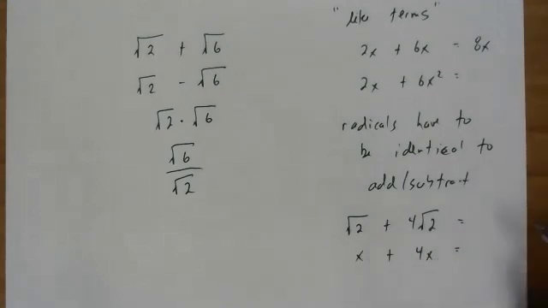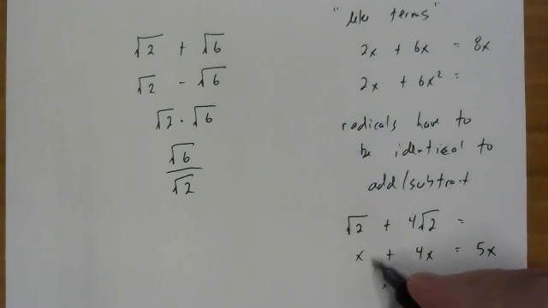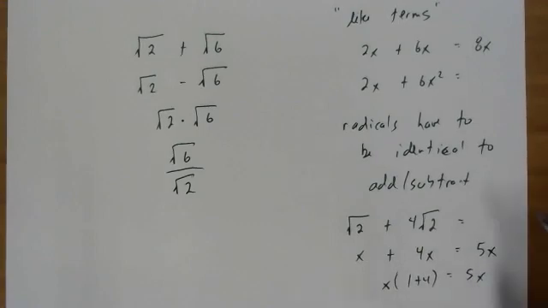So we know x plus 4x is 5x. If you really want to know how we add this, you probably never think about this, but what you're really doing is you factor out an x and you get 1 plus 4, which is 5x.